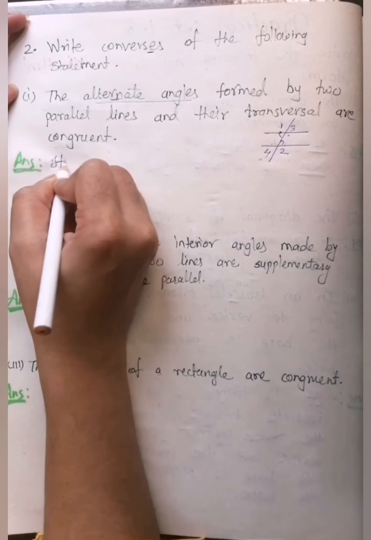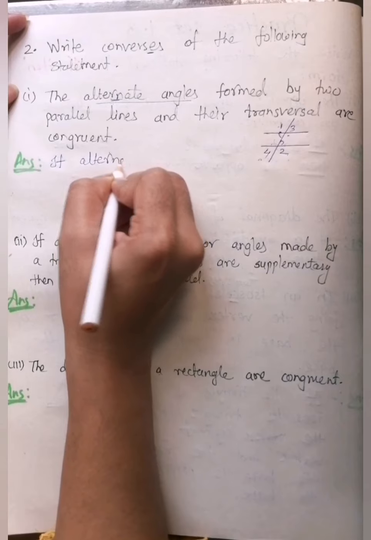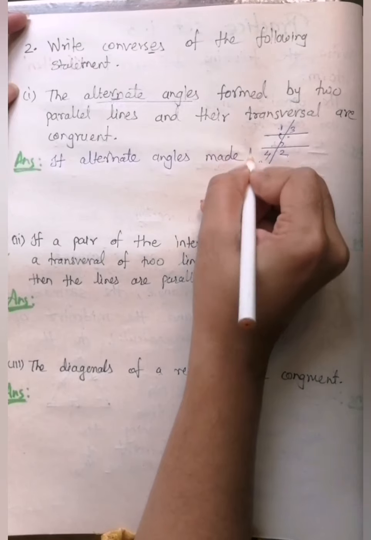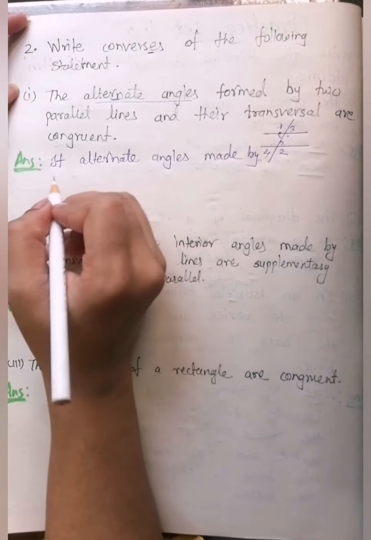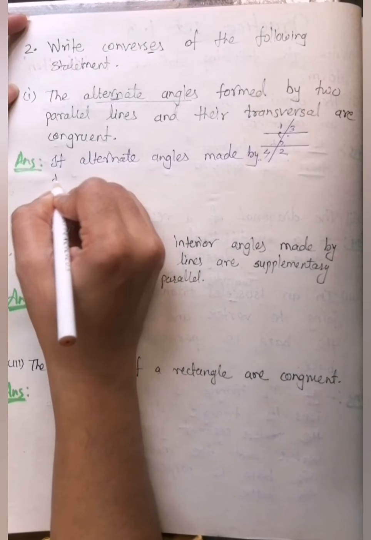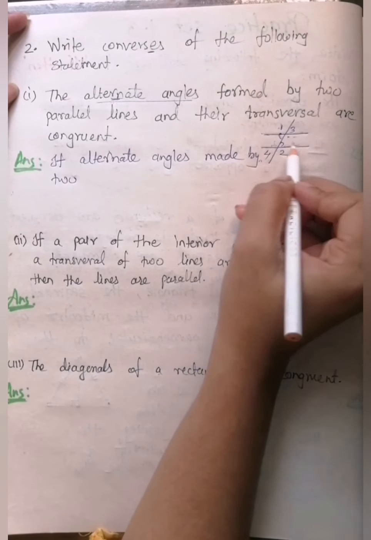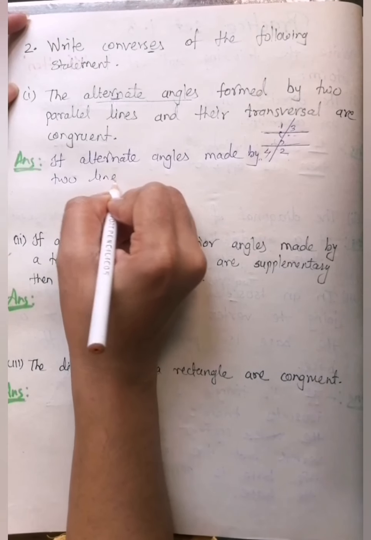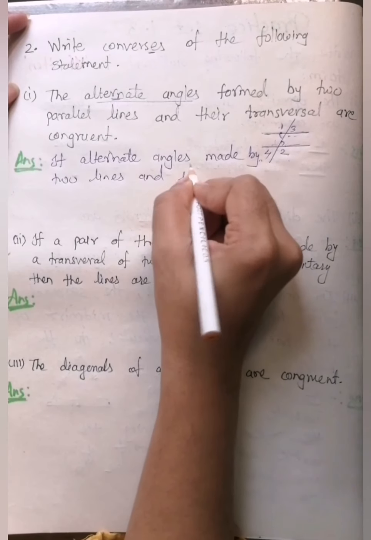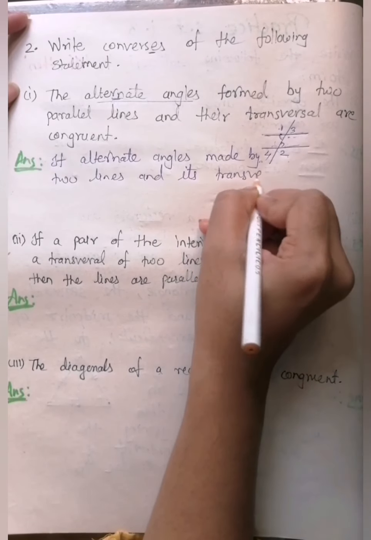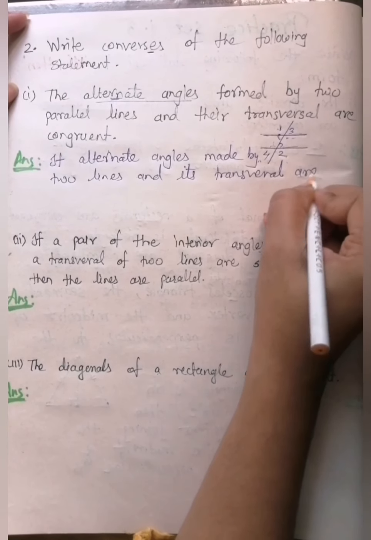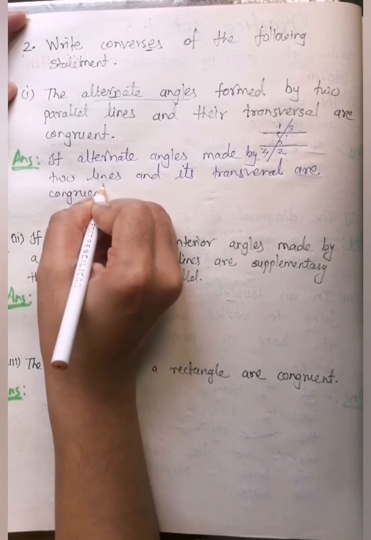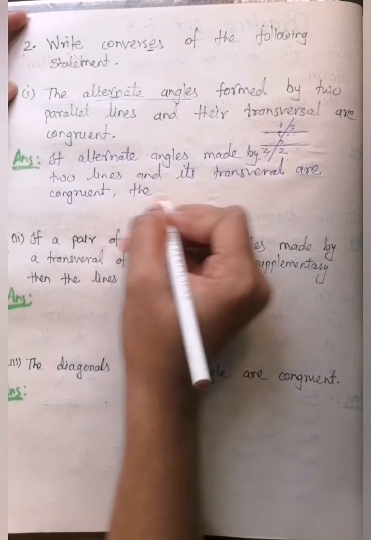So write down: if alternate angles made by two lines and its transversal are congruent, then the lines are parallel. Congruent means this one and this one are congruent.